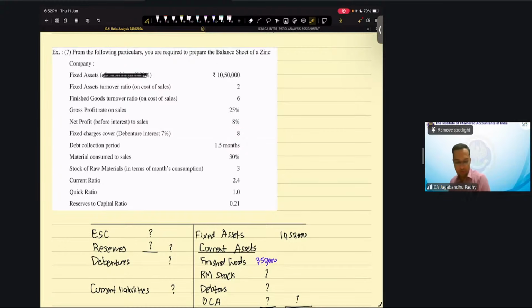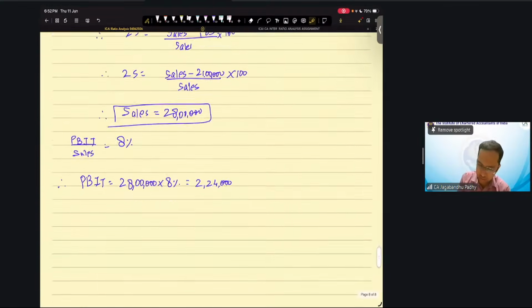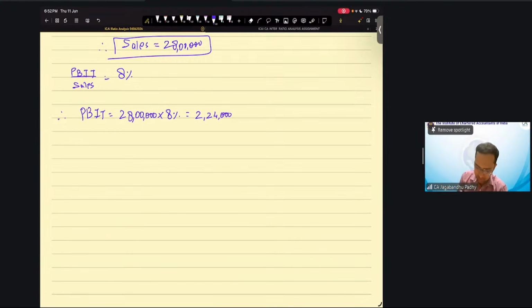There's no specific information about depreciation or principal repayment, so we can simply calculate this fixed charges coverage ratio as profit before interest and tax divided by the interest, similar to your interest coverage. So profit before interest and tax is given as 2,24,000.